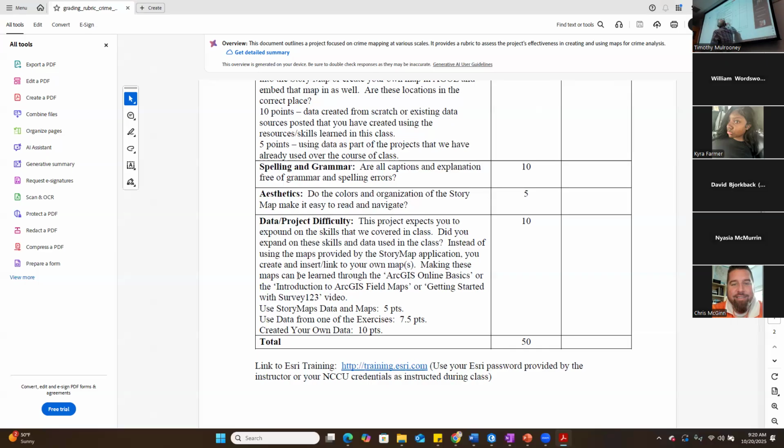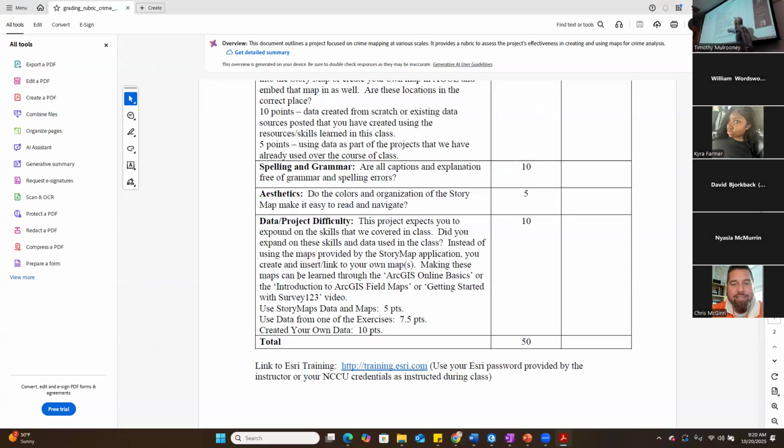And then also project difficulty. Okay. Did you expand on the skills that we talked about in class? Are you utilizing some of the Esri tutorials that we're looking at, or did you just click publish map from one of our exercises and say, hey, I'm looking at the homicides that Mulrooney did back in 2022? And so we kind of put some things there: are you using Story Maps data?